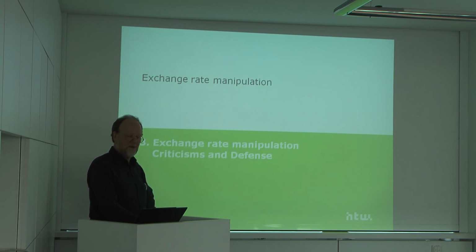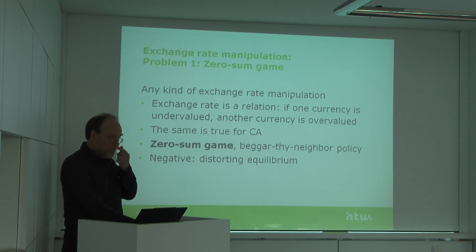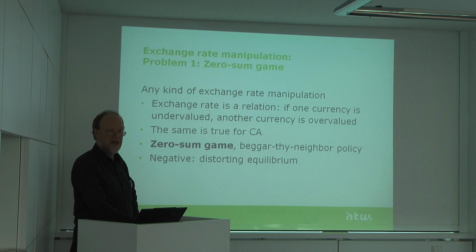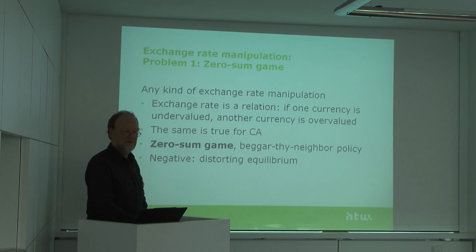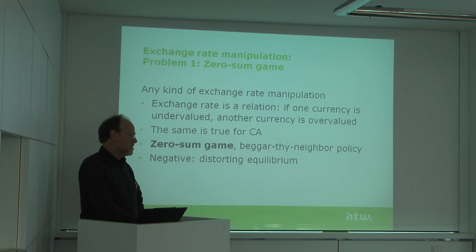Let's come to our last aspect, criticism and defense of all that story. One problem which is normally discussed heavily is that the attempt to influence the exchange rate hurts other countries. If one country has an advantage, it may create a disadvantage for other countries.